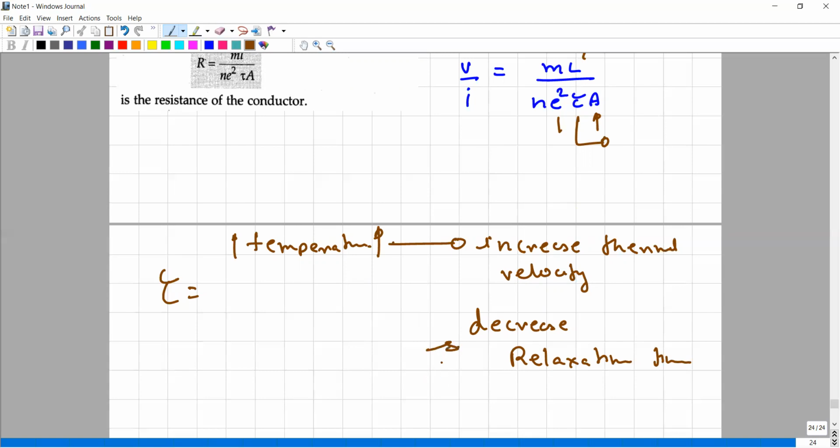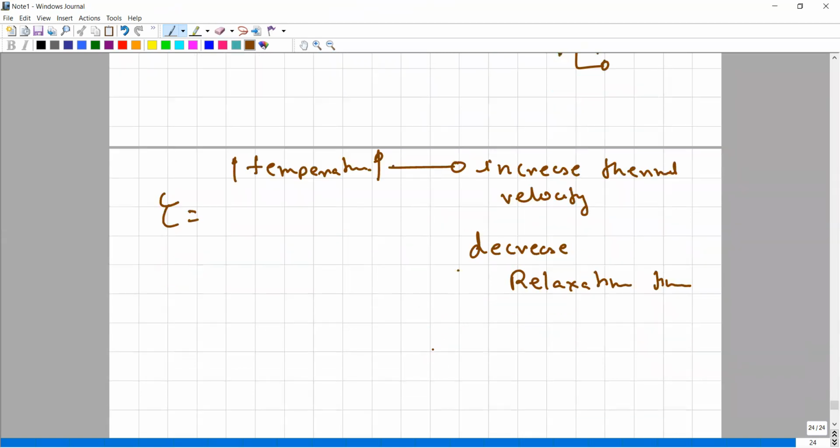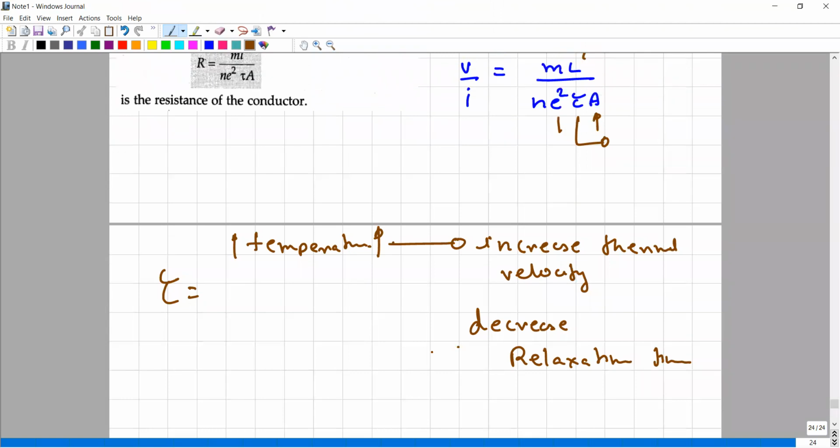This is very important to understand. If you increase the temperature, the thermal velocity of the electrons will increase, and the time taken for two successive collisions will decrease. In less time, they will do that successive collision. So increasing the temperature, the relaxation time decreases. This is an important concept. Temperature increase, relaxation time decrease.